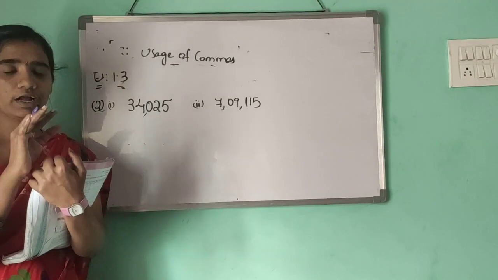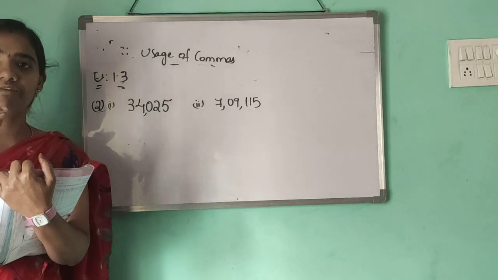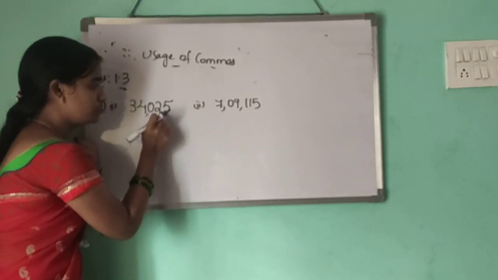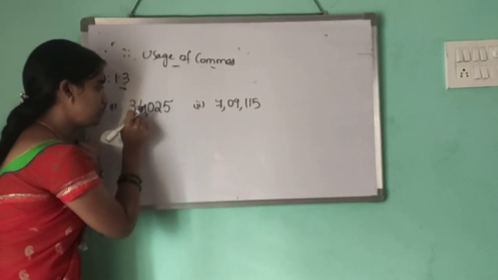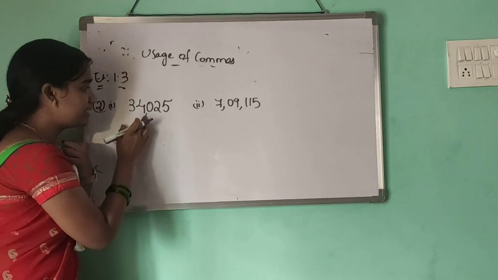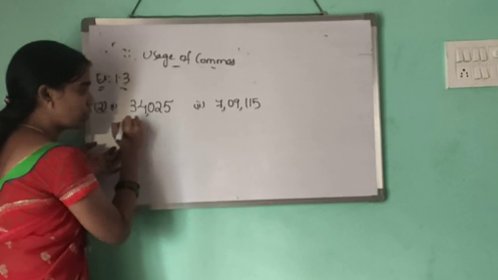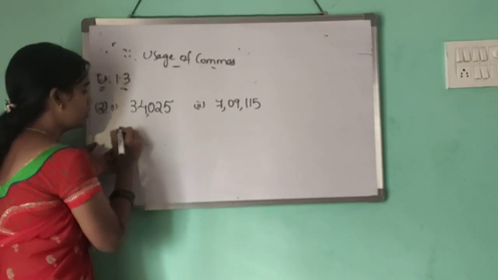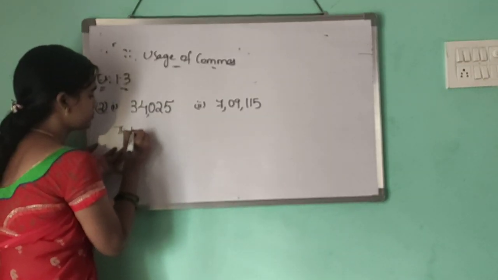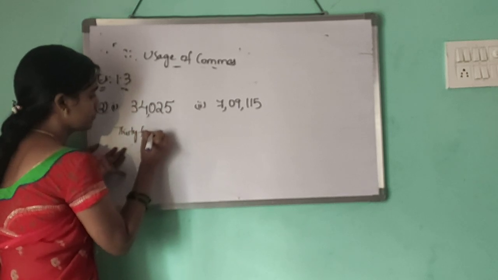First we have to check how many digits are in the given number. Here ones, tens, hundreds, thousands, 10,000. So the first comma is after 34, and here 1,000 is there. 3, 4, 34.